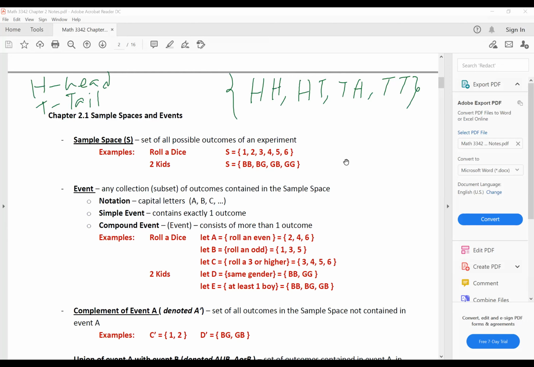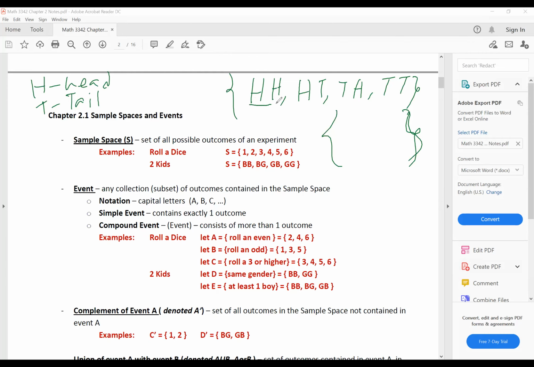So this is the set of all possible outcomes. To write a set, we usually use curly brackets, and you separate the outcomes with commas.